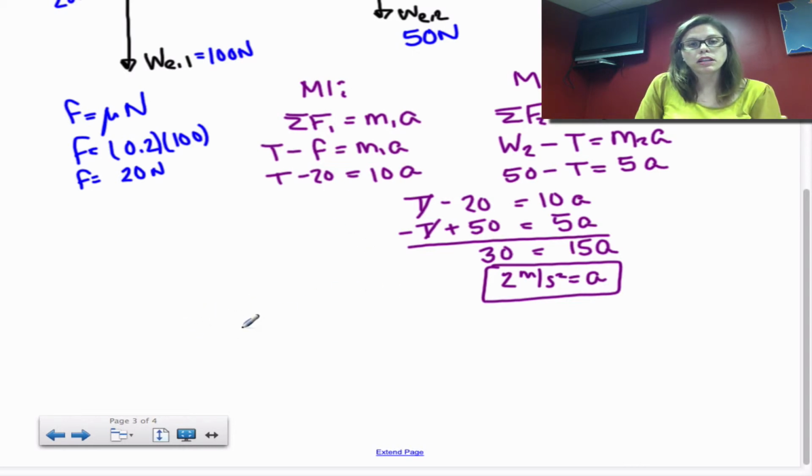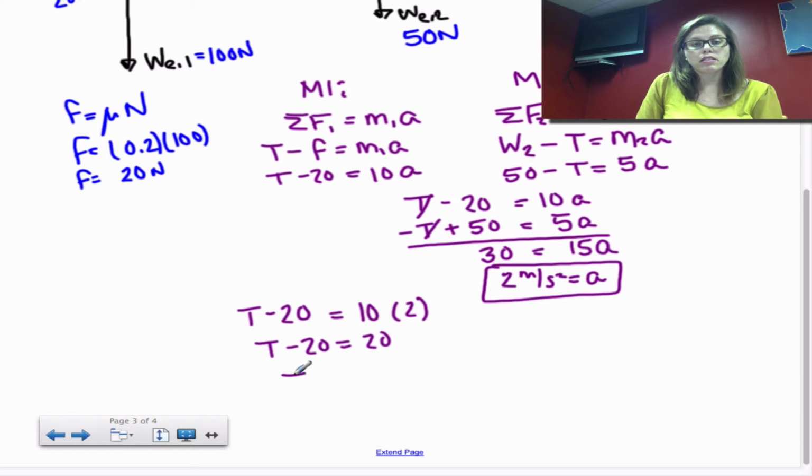Doesn't matter which one. So let's see, T minus 20 is equal to 10 times the acceleration, which is 2. So T minus 20 is equal to 20. So T is equal to 40 newtons.